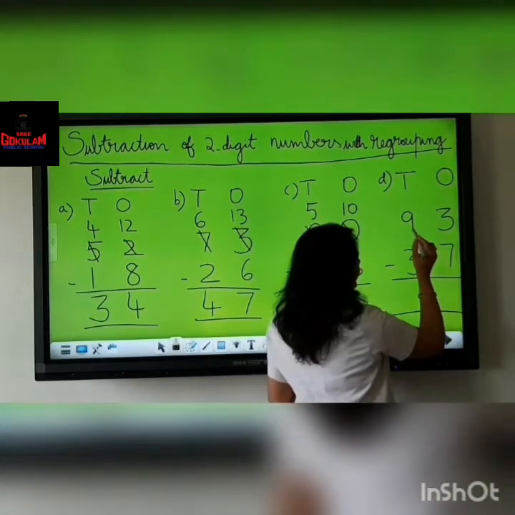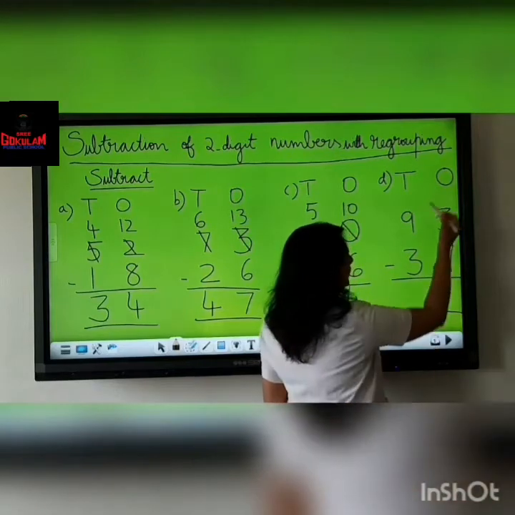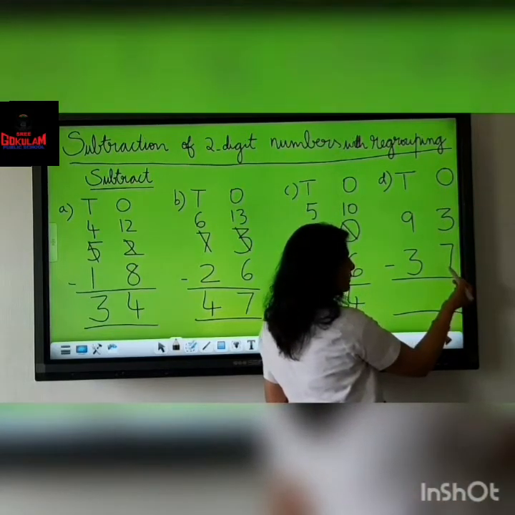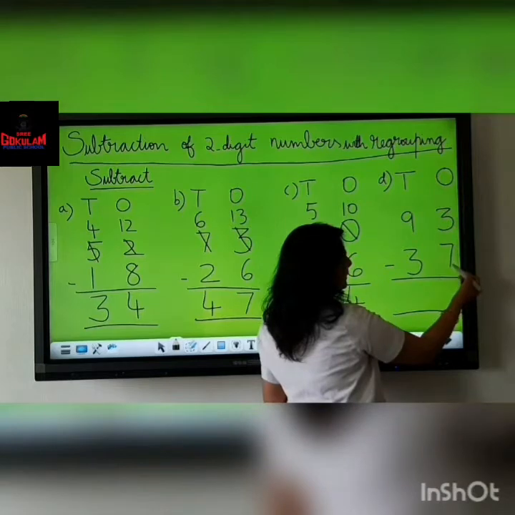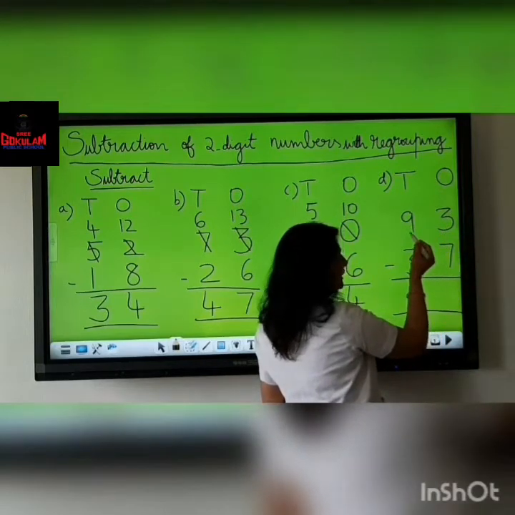Next question. 93 minus 37. Look at the ones place. Keep in mind we can subtract a small number from a big number. But here you see a small number on the top. Below you see a big number. So we can't subtract 7 from 3. We have to borrow from the tens place.